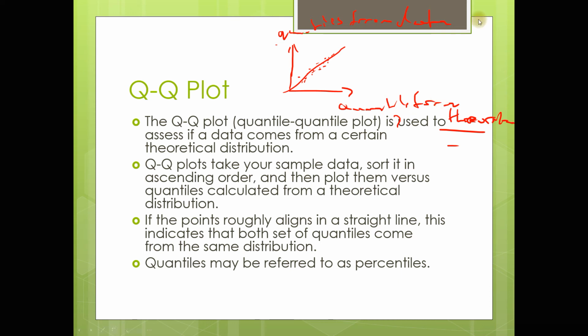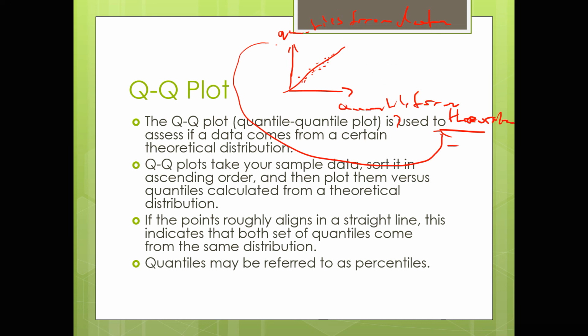However, if they depart substantially from a line, it means that the quantiles from the data are not the same as the quantiles from the theoretical probability distribution, whichever distribution it could be, normal, Poisson, whatever it is. So if they depart substantially, then it means that this data does not follow that particular distribution.